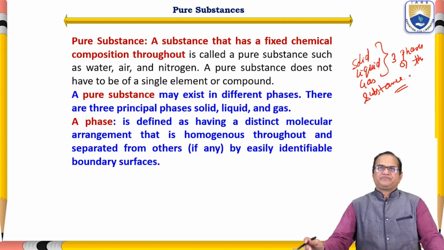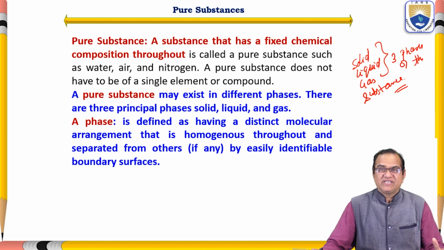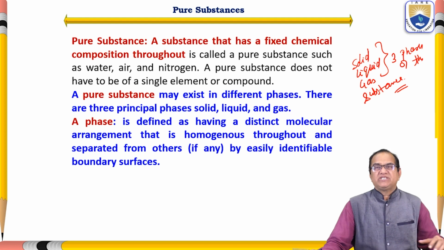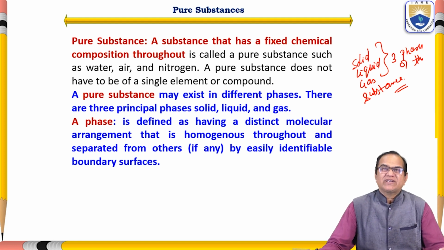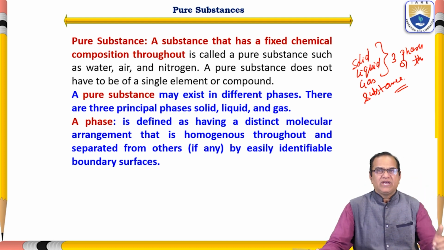If you see water, it can be solid as ice, it can be liquid water, and it can be dry saturated steam like a gas. So a pure substance can transform from one phase to another phase.